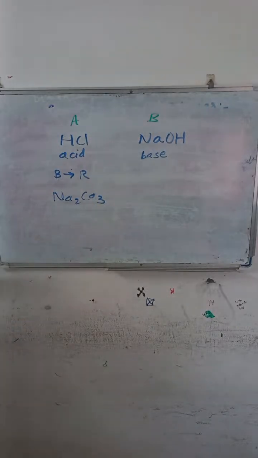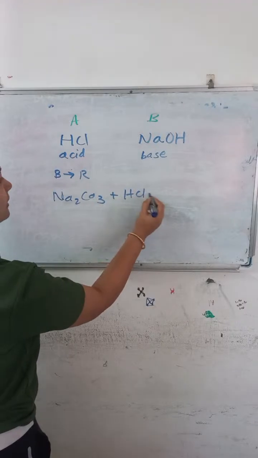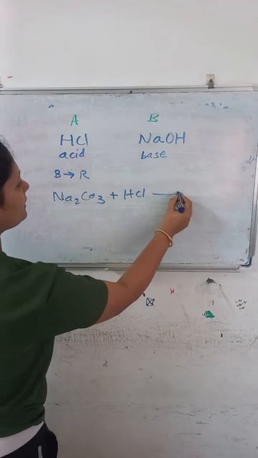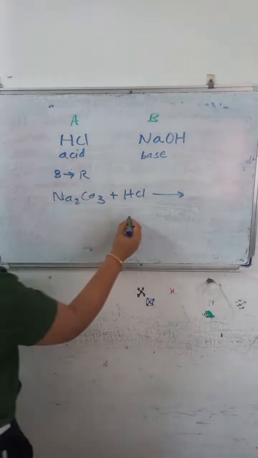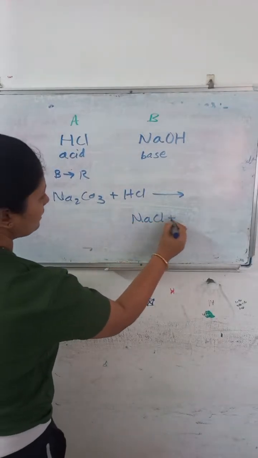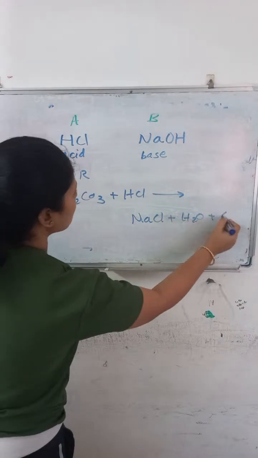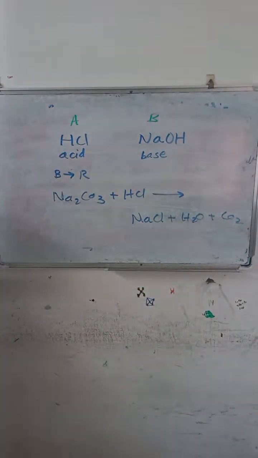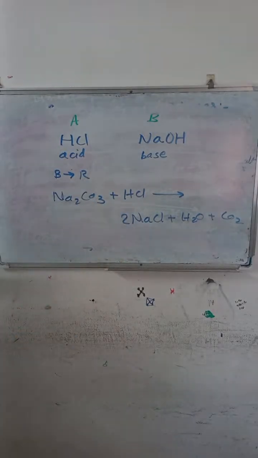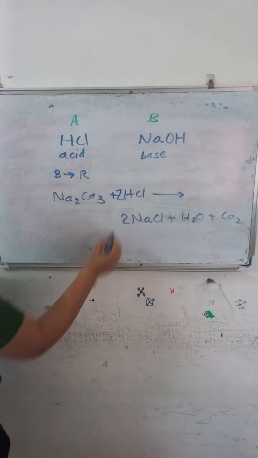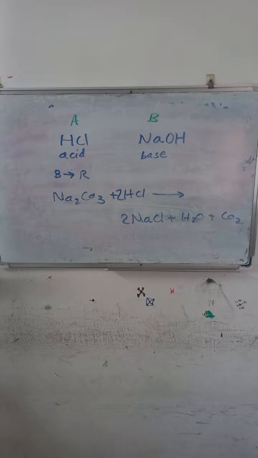Just now we did this reaction: Na2CO3 reacts with the acid, hydrochloric acid, and this gives NaCl, salt, water plus carbon dioxide. Now balance this equation. Here it will become 2 NaCl plus H2O plus CO2, but the chlorine is also 2, so HCl will become 2HCl. So this is the reaction.